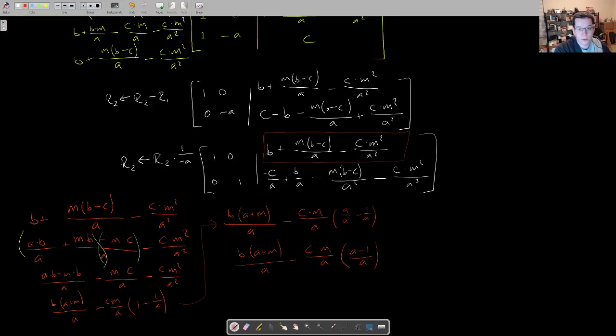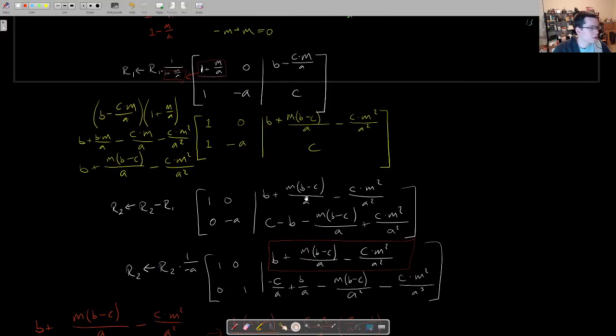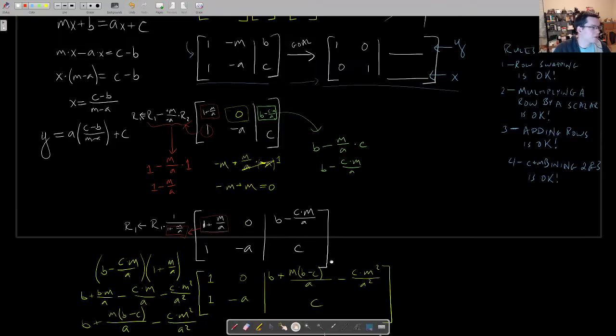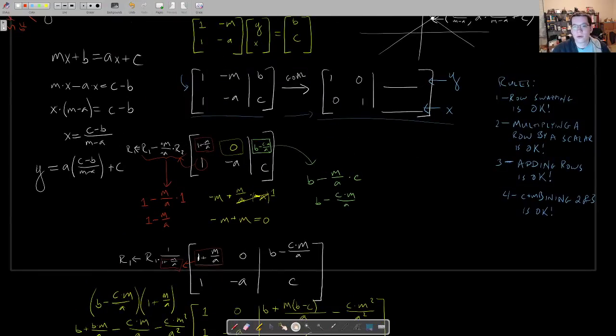If I do M equals, come back over here. I'm having to relearn this tool because it's been a while since I've used it.